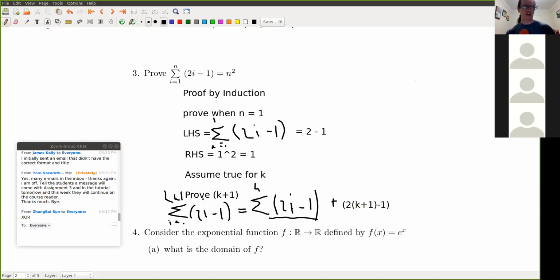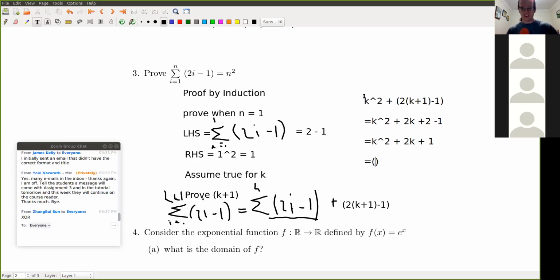So we can rewrite this guy as, go up here, sorry guys, k squared plus, again, this thing down the bottom, 2 times k plus 1 minus 1, which equals k squared plus 2k plus 2 minus 1, which is k squared plus 2k plus 1.